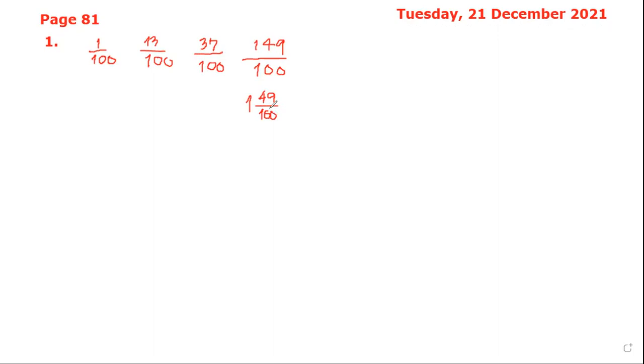Next, we have the fraction 7 over 100. What is that one as a percentage? 7%. Very good. 41 over 100. 41%. All right, that's good. And 123 over 100. So 123%.